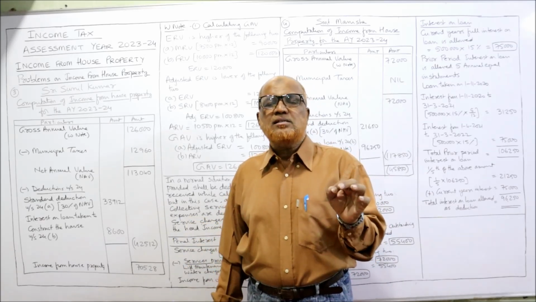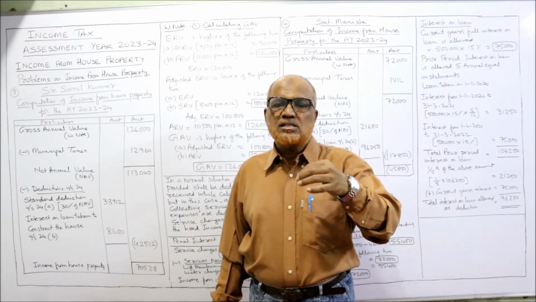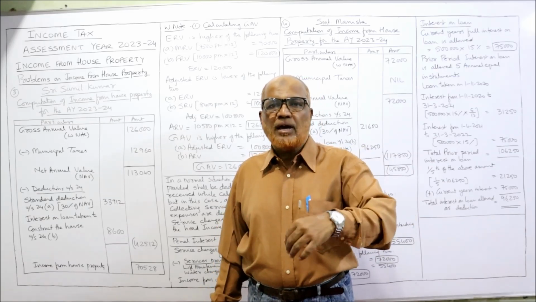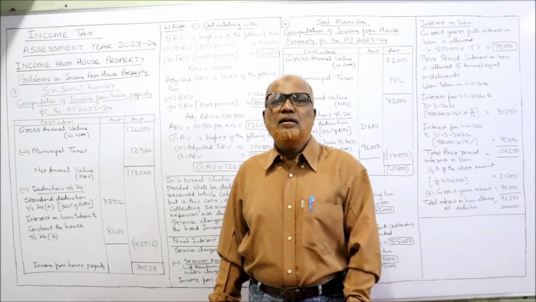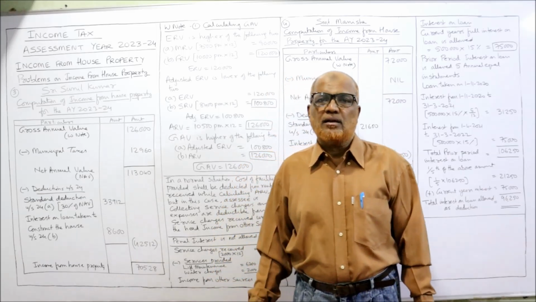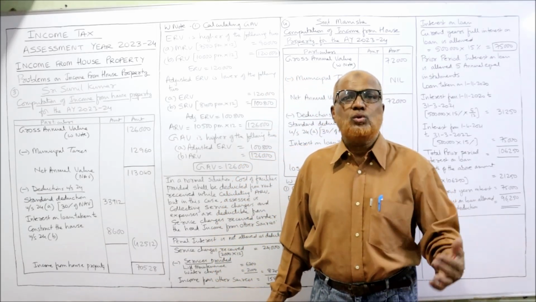The Income Tax Act says when the owner is charging some extra charges apart from rent and offering some extra services, then the income from these extra services is chargeable to tax under income from other sources.